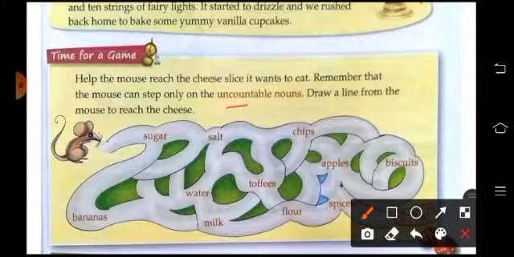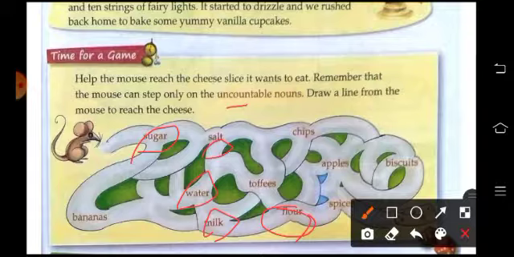As you see here, sugar, salt, then water, milk, flour. So what should be the route here? Very good. Yes.